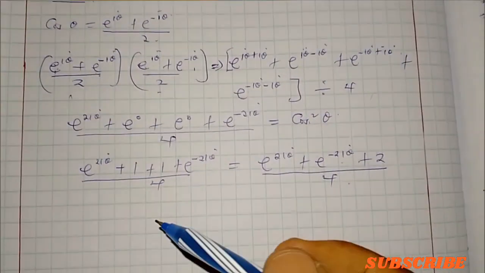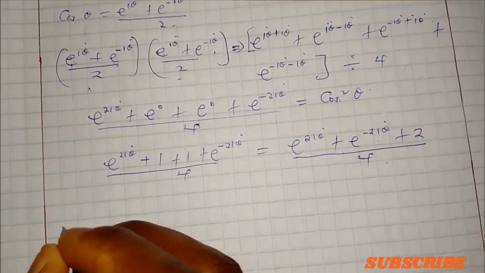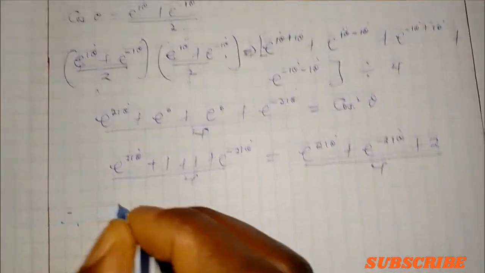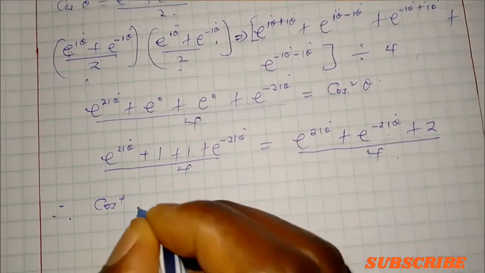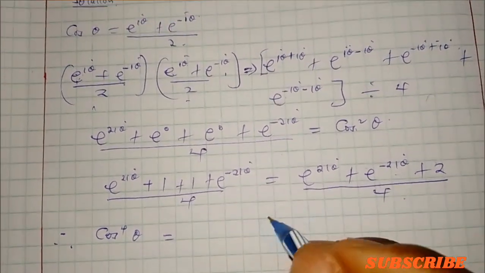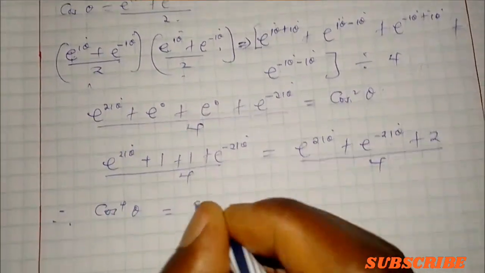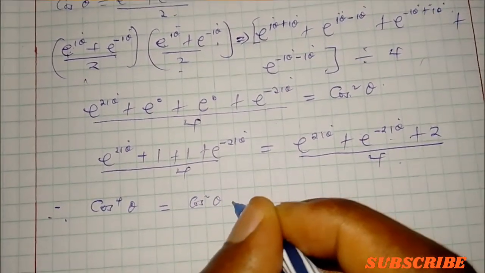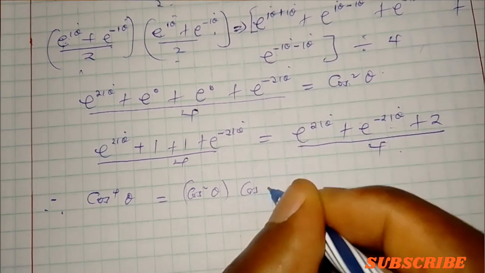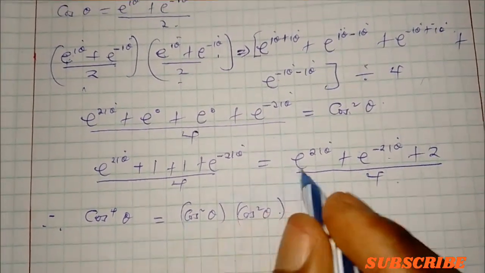Now we want cos to the power 4 theta. I say therefore cos to the power 4 theta is equal to cos square theta times cos square theta, and cos square theta is this one.